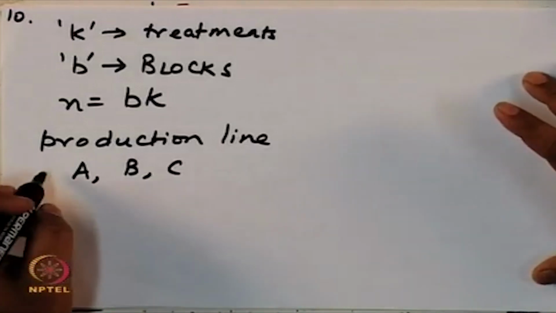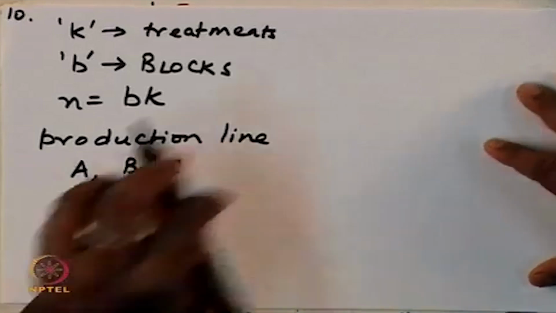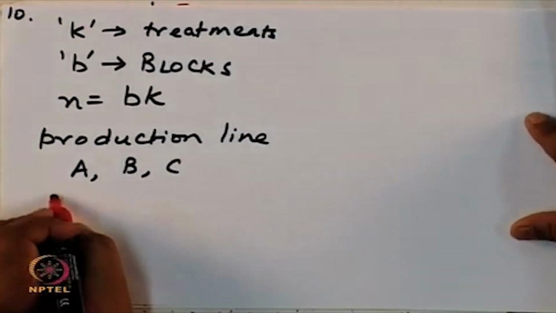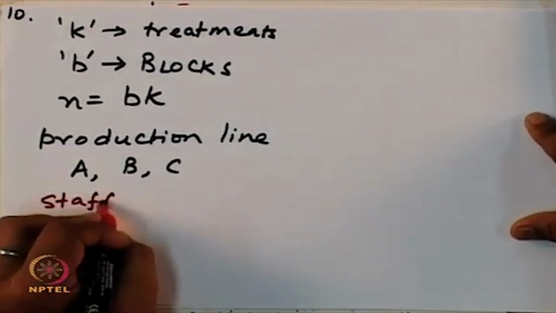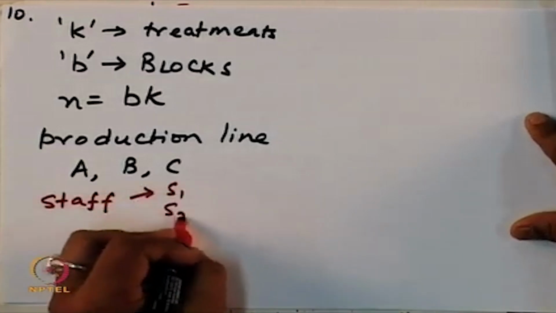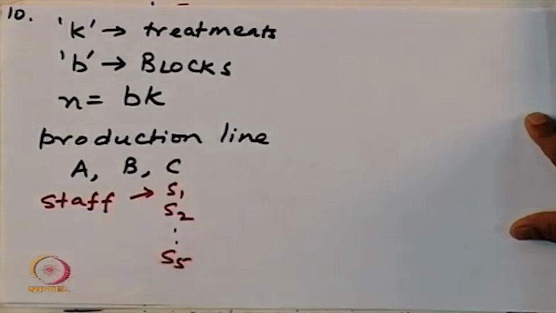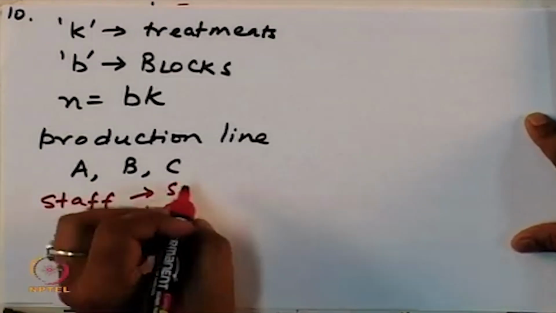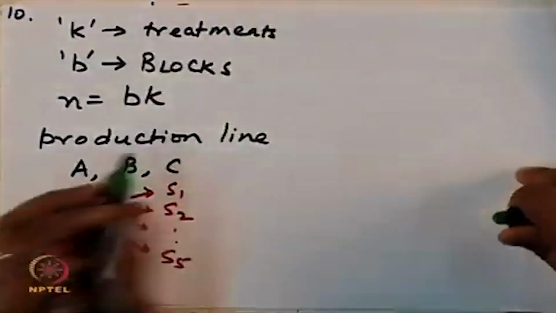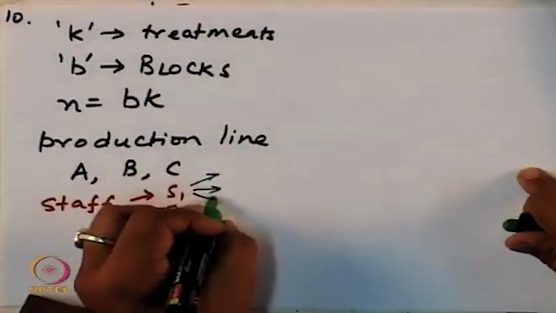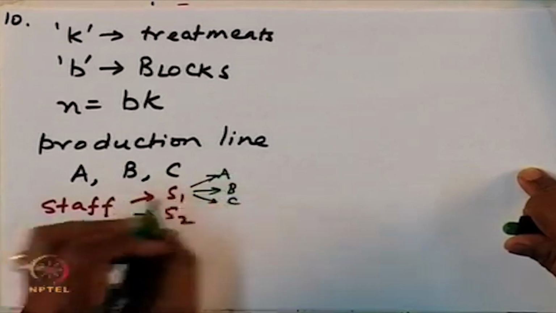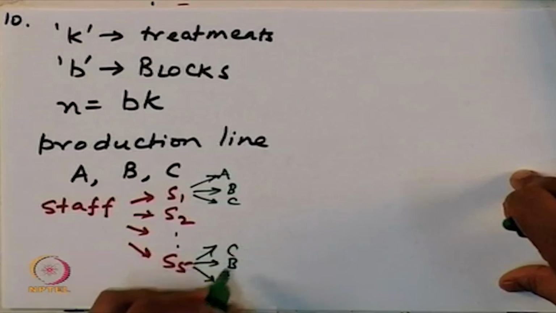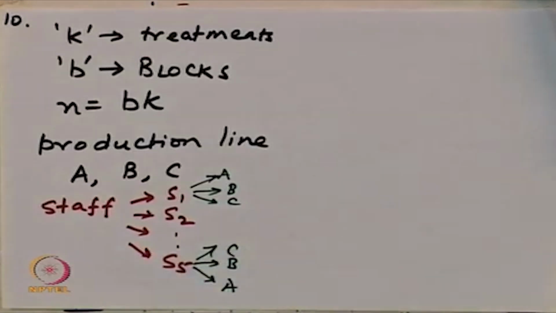What the engineer can do is choose staff, whom you can label as S1, S2 up to S5, and each of these participants assembles using A, B, C, but in random order, and so on and so forth.